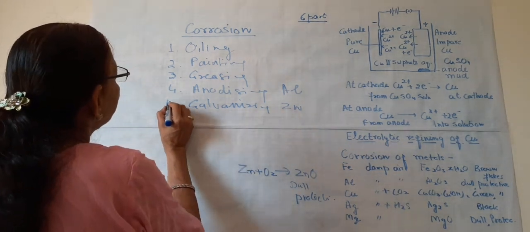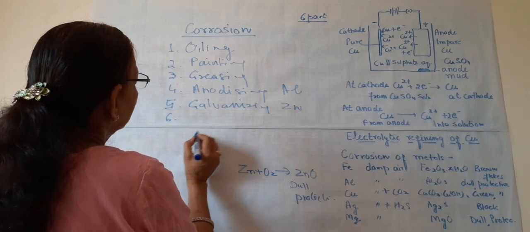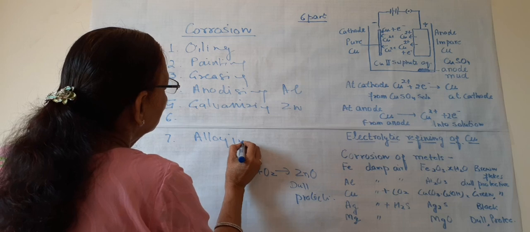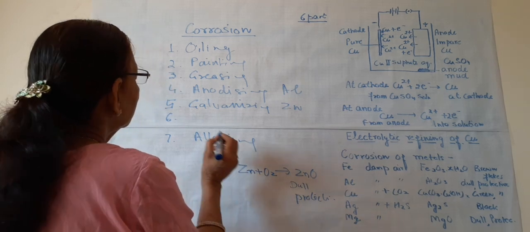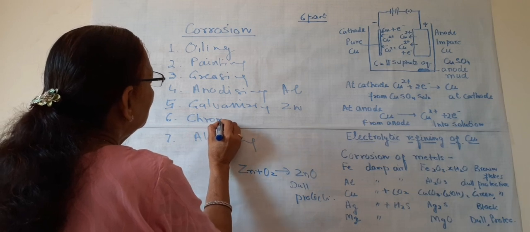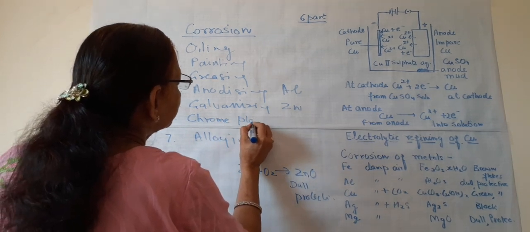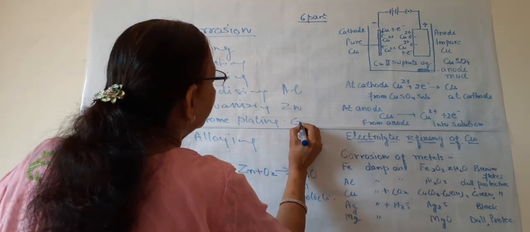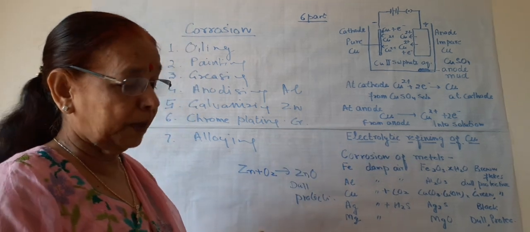What else? This is fifth. Then alloying is done. We will just discuss what is alloying. And then chrome plating. Chrome plating can be done with chromium.